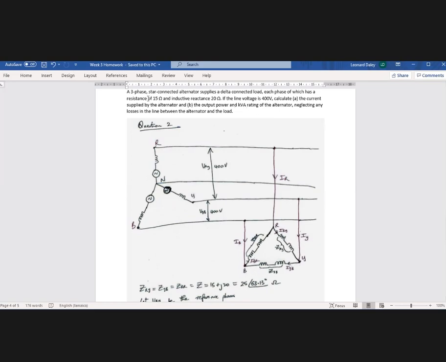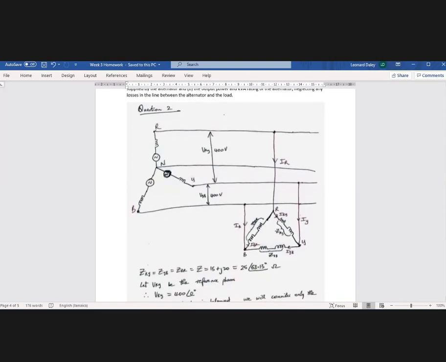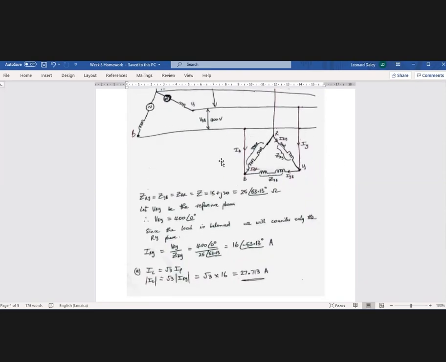It's a balanced load because in each phase you have 15 ohm resistance and 20 ohm inductive reactance. So when you work out that impedance, it is 25 angle 53.13.